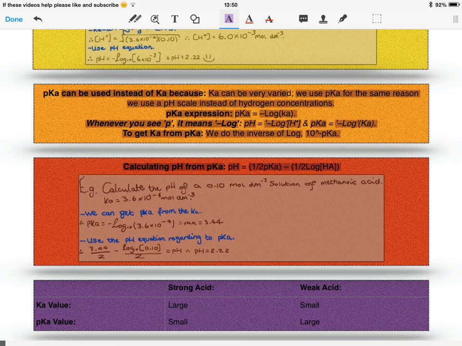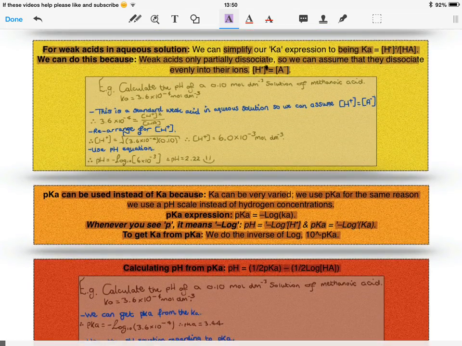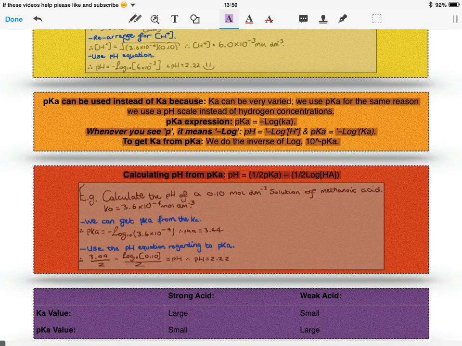So this method, one, can be used to check your answer if you decided to use the other. Two, I find this method quicker and pretty much easier. And three, if you're not given Ka and you are given pKa, well then you know what you can do.